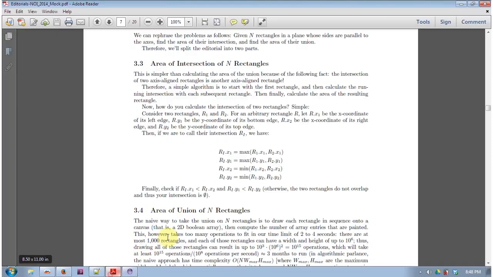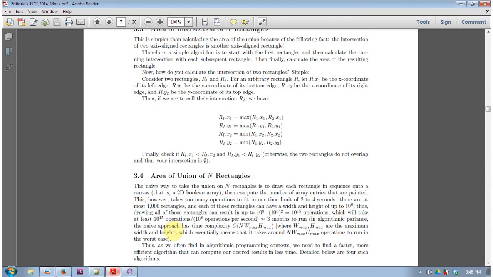The lines that I'm talking about are ri of x sub 1 and ri of x sub 2.